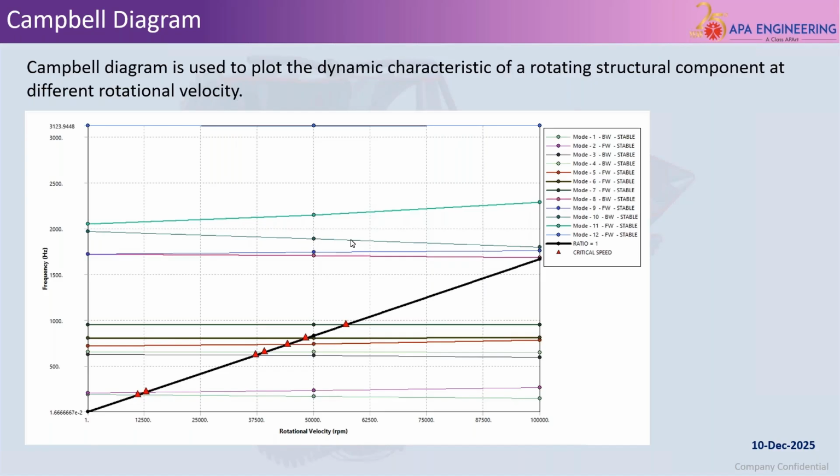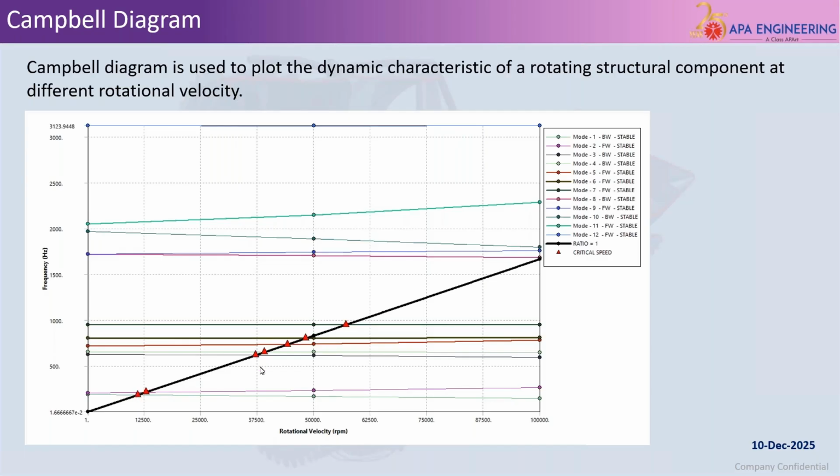You can also see a dark line. If you follow my cursor, the bold line is called the excitation line. Usually for an unbalanced study, the excitation ratio will be 1. Wherever a natural frequency crosses the excitation line, it is indicated by a little red triangle.